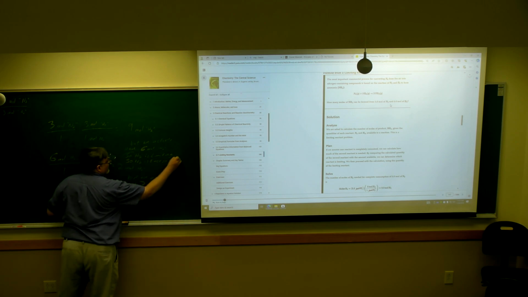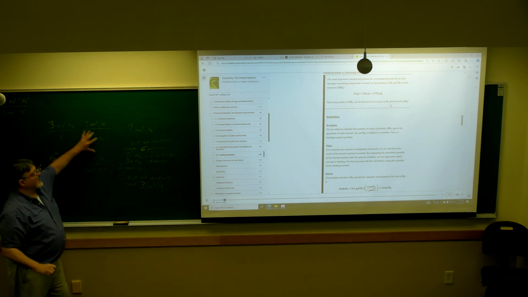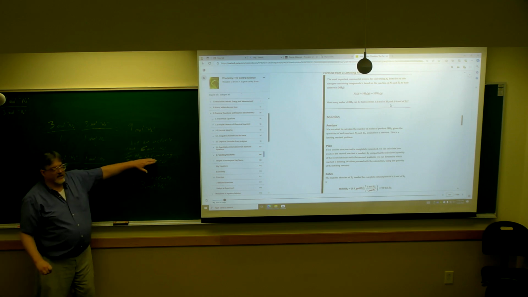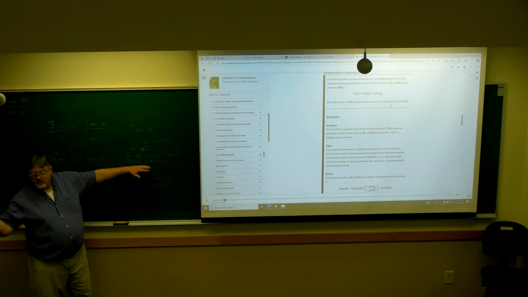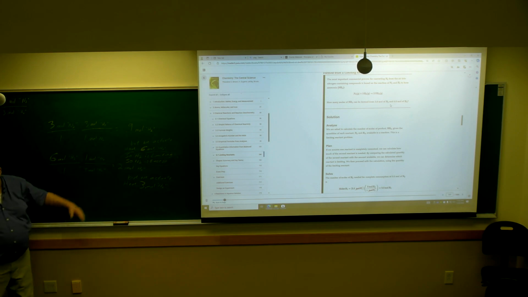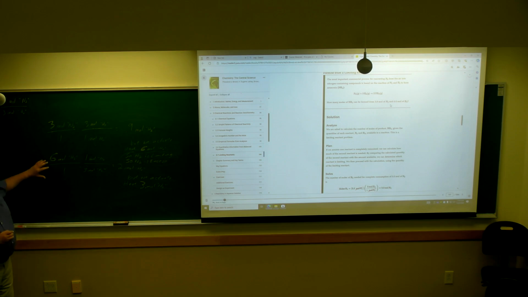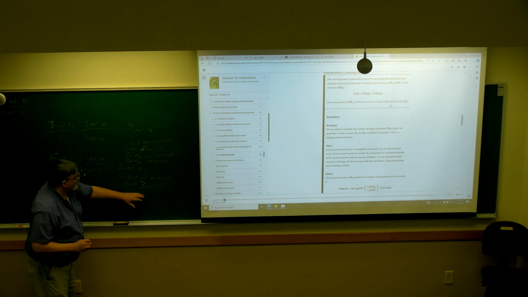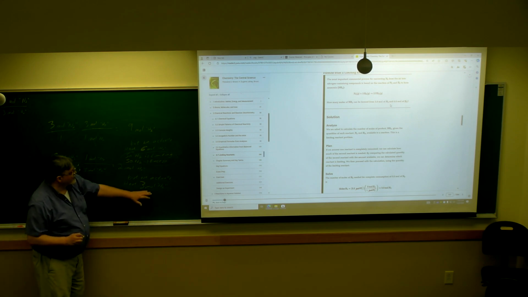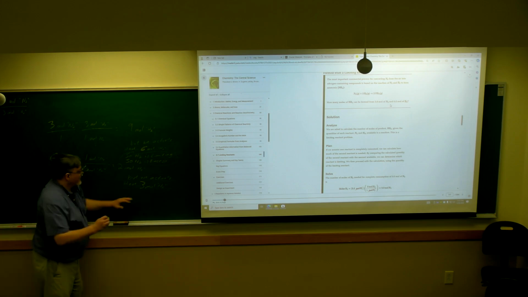We could have gotten both of those conclusions from just this one calculation. If H2 is limiting, well, that means N2 is excess by process of elimination. You see that? If you had chosen H2 to do this calculation, you would have found out that we have too much N2.